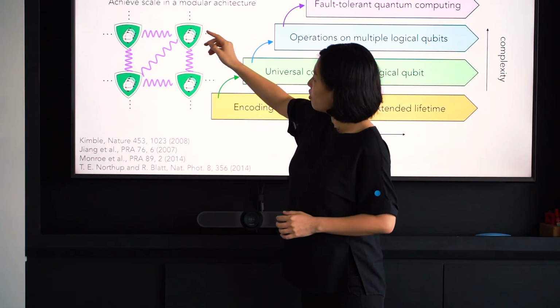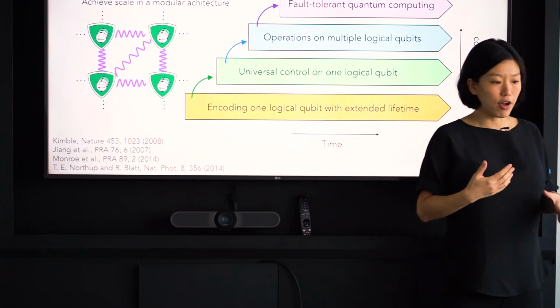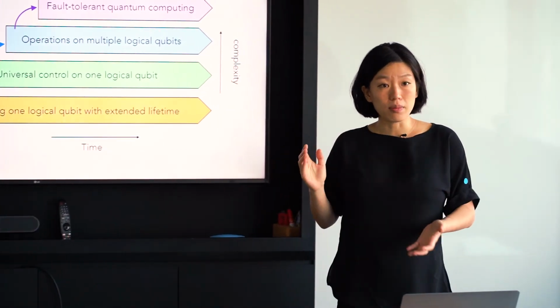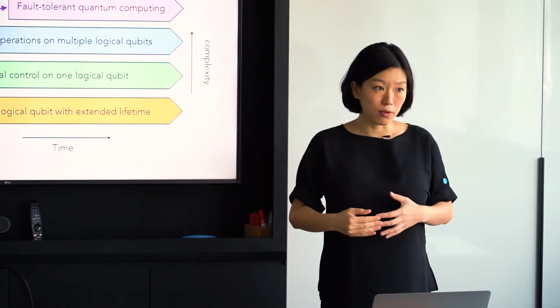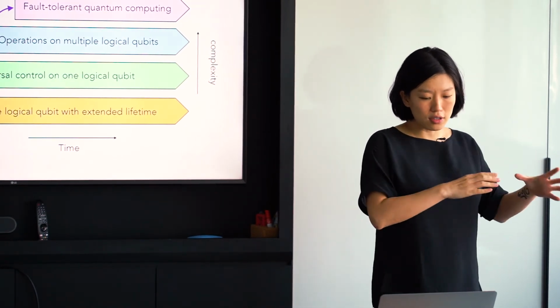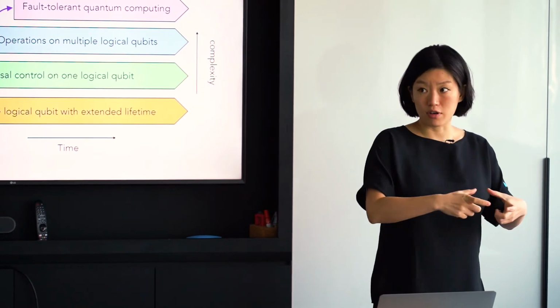And then link them up in some sort of on-demand communication channel. So this is very much modular, right? So you can turn them on and off, for example, or you can change their connectivity in a more flexible way. So this is in contrast to a monolithic chip that we are currently seeing for NISQ devices.